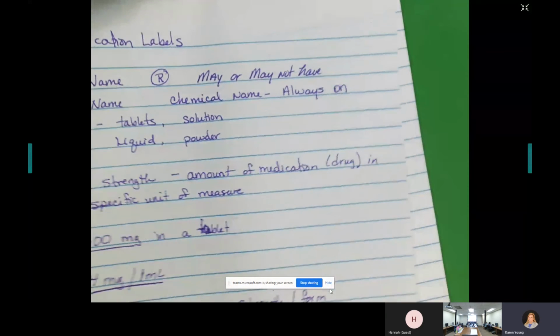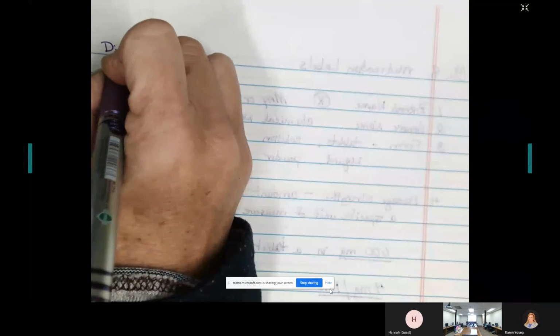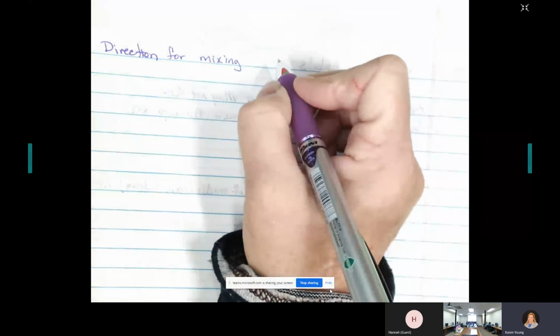Now, there's other things on a medication label or a drug label that it's helpful to know. And we'll get to this one a little later, but the directions for mixing or reconstituting. If it's a powder, then you have to add diluent to it.